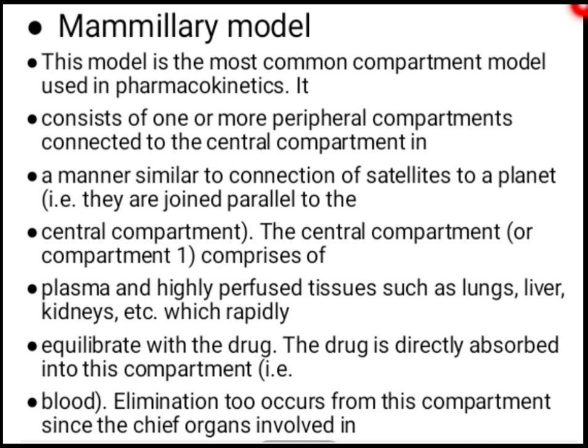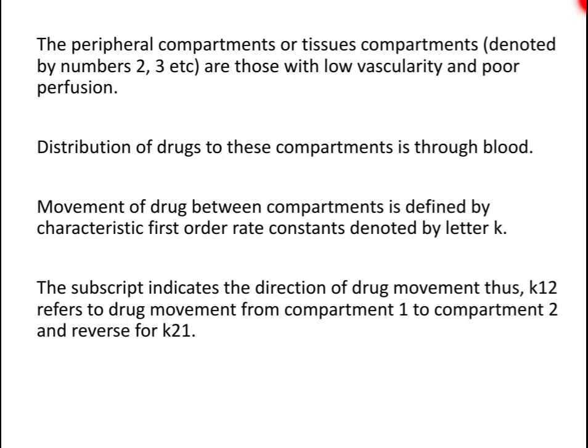The drug is directly absorbed into this compartment. Elimination occurs from this compartment, since the chief organs involved in elimination are located here. The peripheral compartment or tissue compartment comprises tissues of low vascularity and poor perfusion. Distribution of drug to this compartment is through blood.